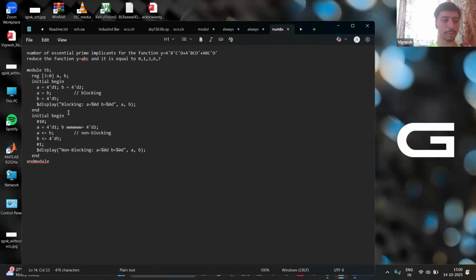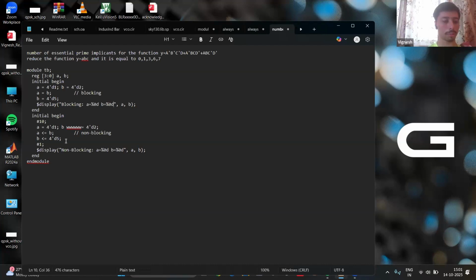So the current value of B becomes 2 now, so A becomes 2, correct? After that, B is immediately updated to 5. So the output will be A equal to 2 and B equal to 5 in blocking. Okay, fine, it's correct.